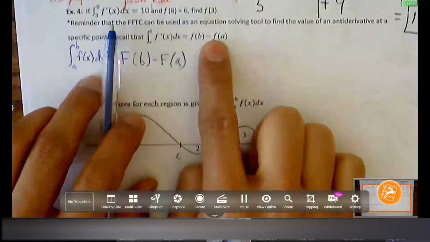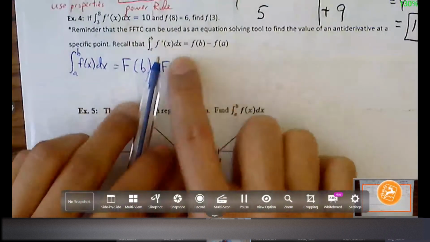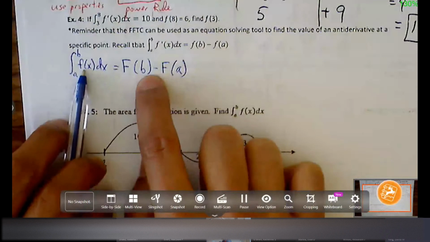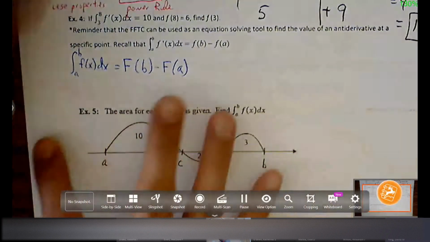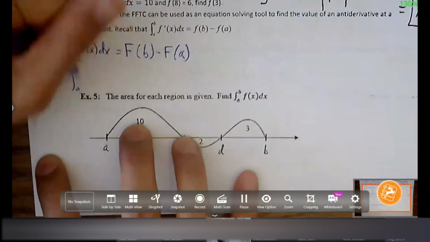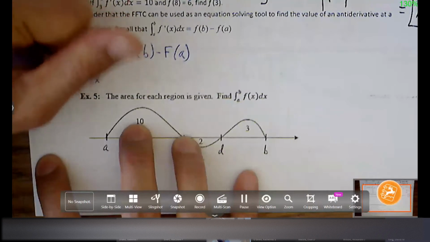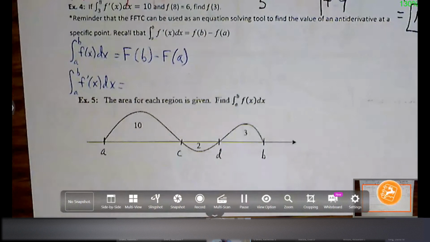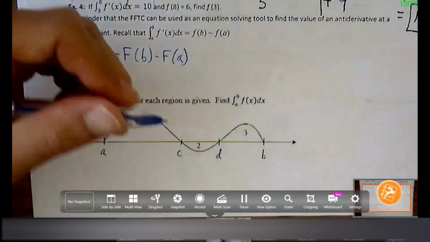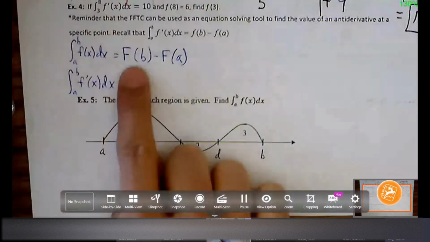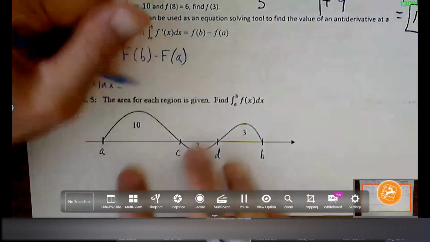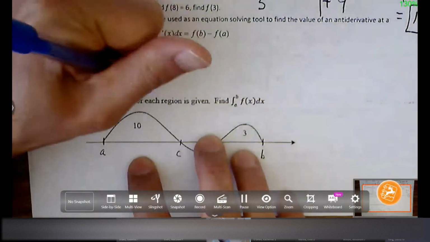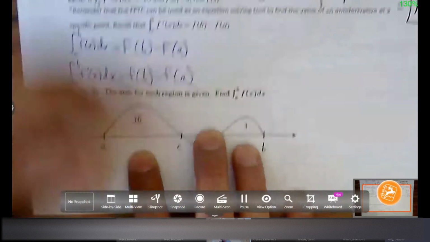So specifically, we have something in terms of f prime, so we can build something in terms of f prime, just following this general theorem. I can say the integral from a to b of f prime, I'm going to turn into its antiderivative, and f prime specifically is going to turn into f of x. So my uppercase F can be represented for this equation as f of b minus f of a.